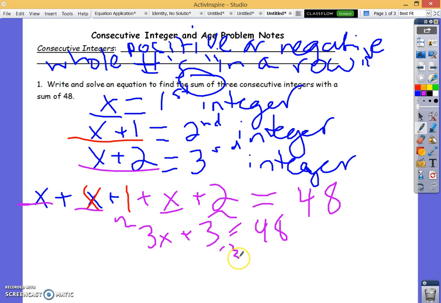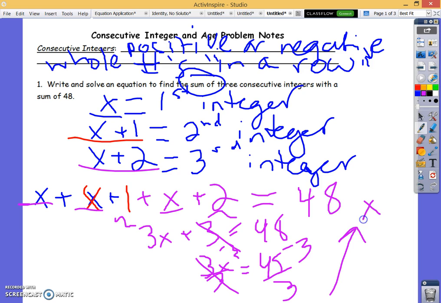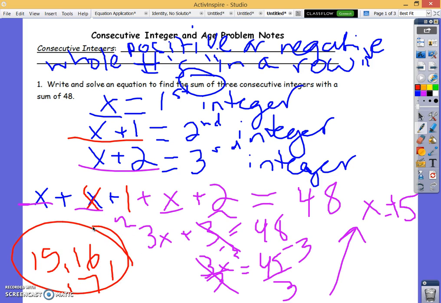I'm going to subtract 3 and I get 3x equals 45. When I divide by 3, x equals 15. Now that's not the final answer, because it's asking what the integers are. So the integers are 15, 16, and 17. If you add 15 plus 16 plus 17, you find out it is actually 48.